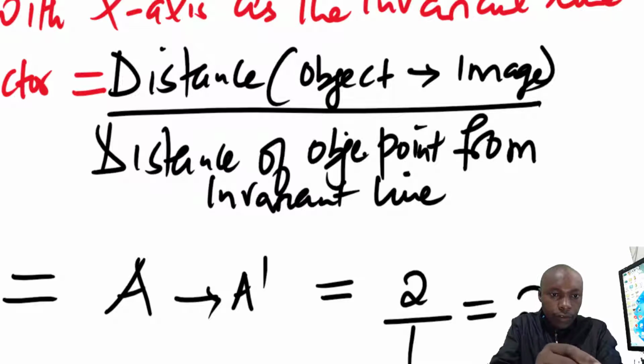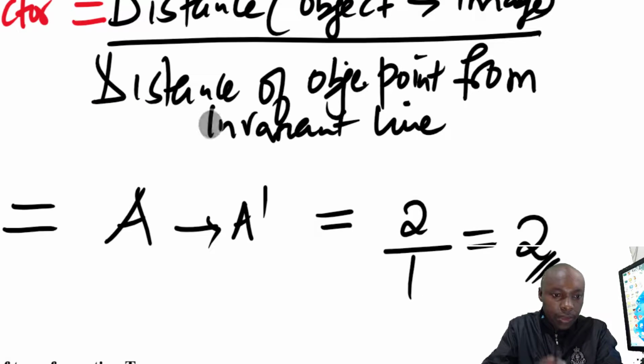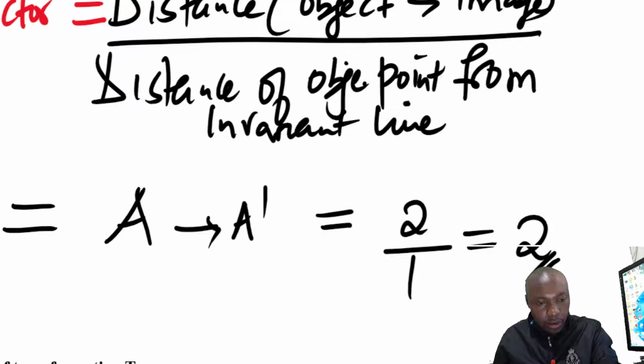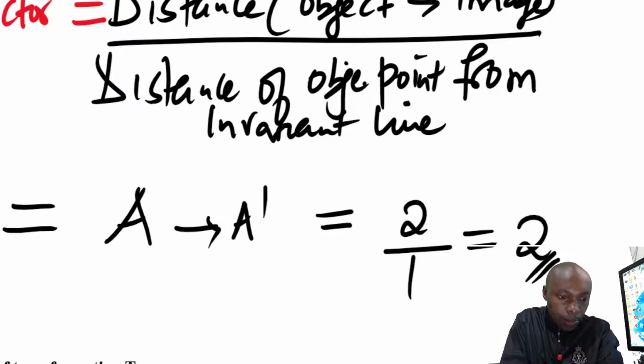The next thing that we need to give in order to fully describe the shear, we need to give an object point and the image point, not on the invariant line.